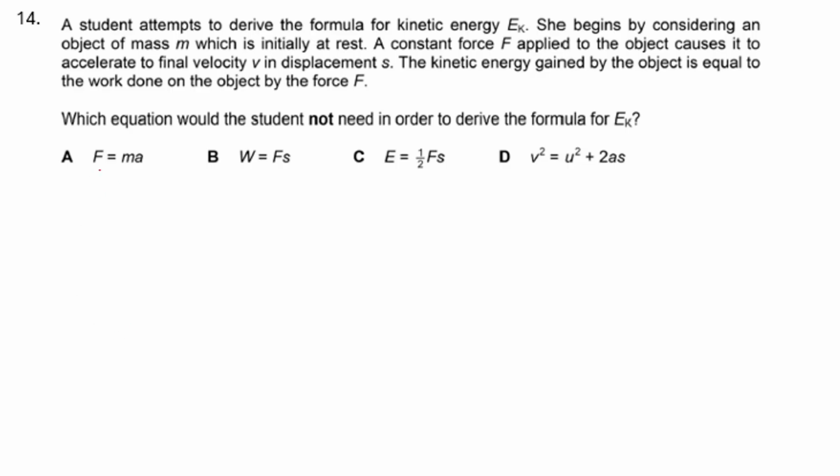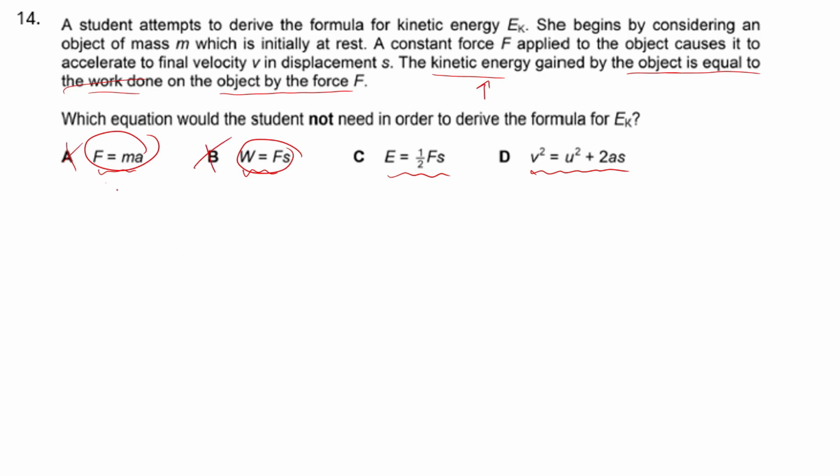So we have these various formulas to account for, right? So we're given that kinetic energy gained is equal to the work done on the object by F. So we actually do need these definitions of A and B because they both define kinetic energy.